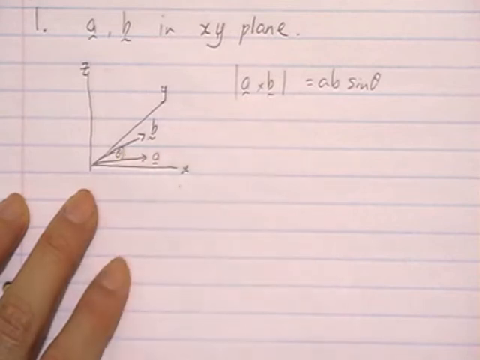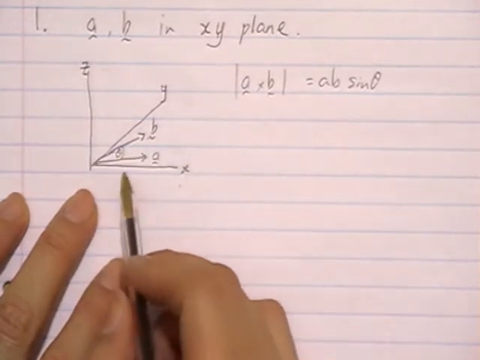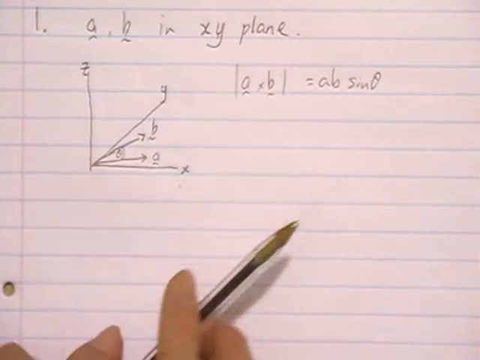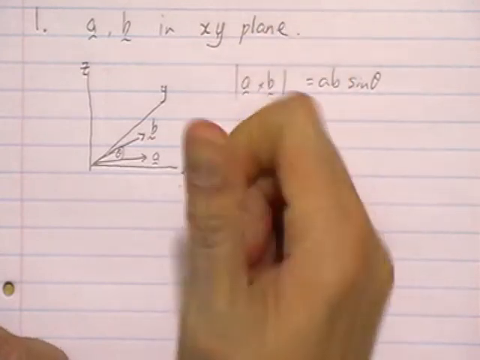Theta here is the angle. And it points in a direction perpendicular to both vectors, following this right hand thumb rule.